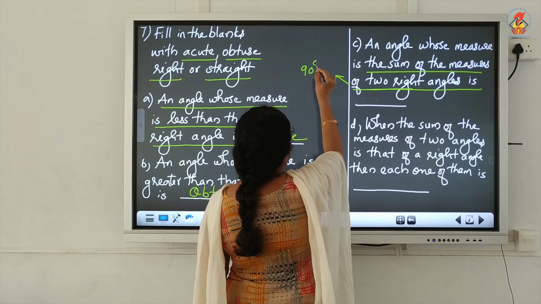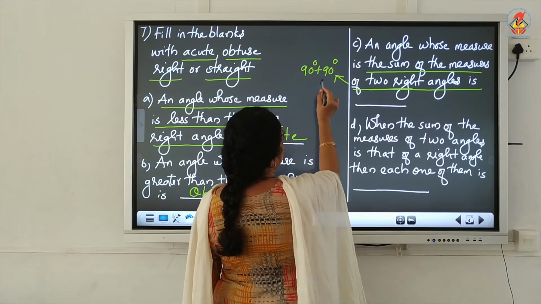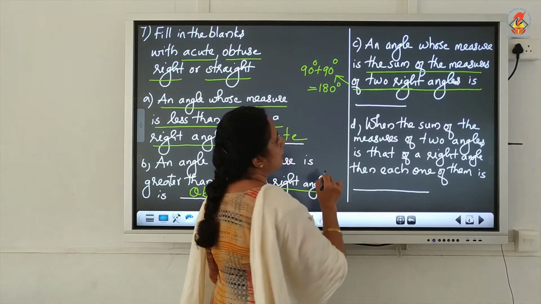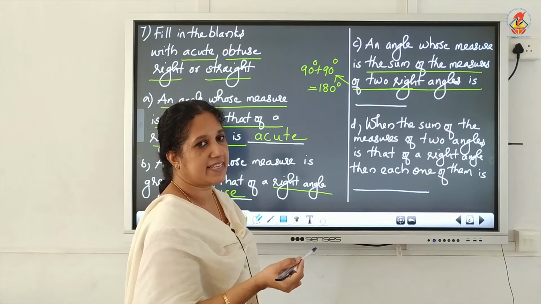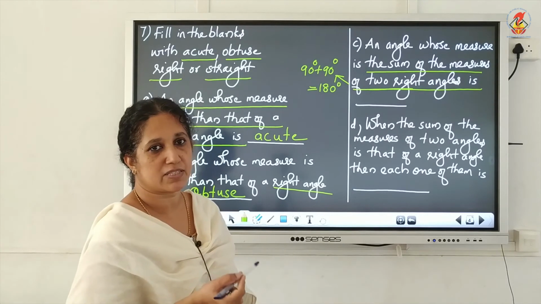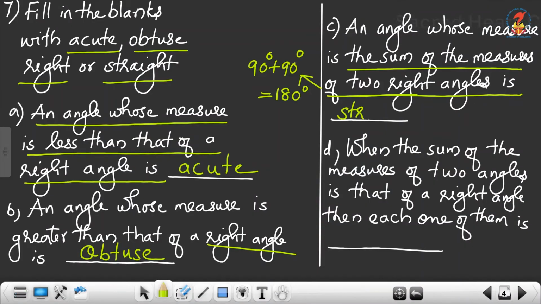So, two right angles means 90 degree plus 90 degree. What is the sum? 180 degree. So, what type of angle? It is a straight angle. What is meant by straight angle? An angle whose measure is 180 degree, we can call it a straight angle. So, the answer you can write here is straight angle.